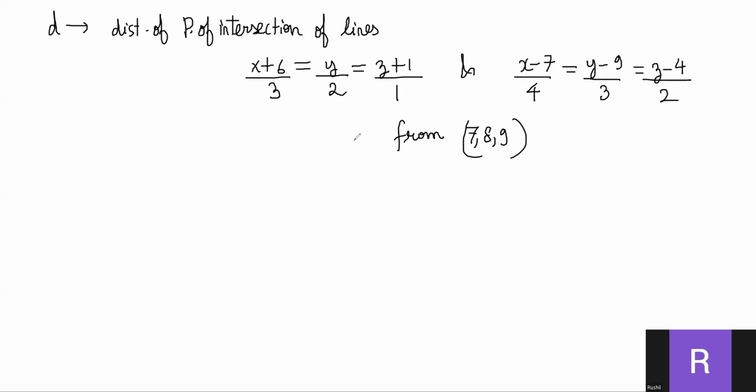Okay, you have to find D. So the point of intersection of these two lines is being asked. So we'll write it with lambda and mu and find the general point, and there will be 4 mu.